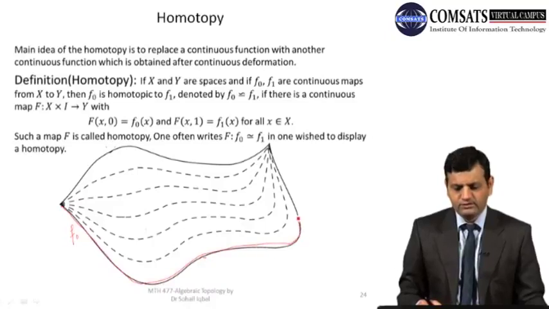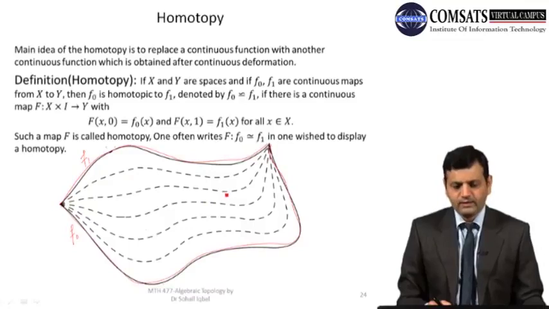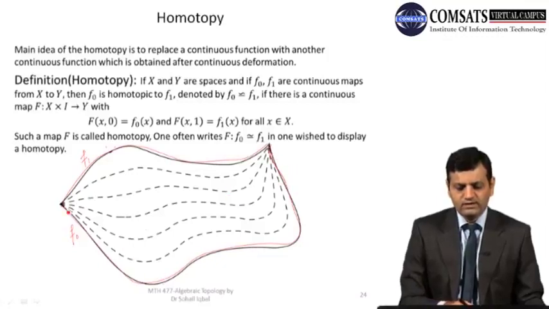Of course in different spaces the graph of f0 will be different, but let's consider f0 is given like this. And we have another function, let's say f1, represented by this curve. So f0 is homotopic to f1 if we can continuously deform f0 into f1.